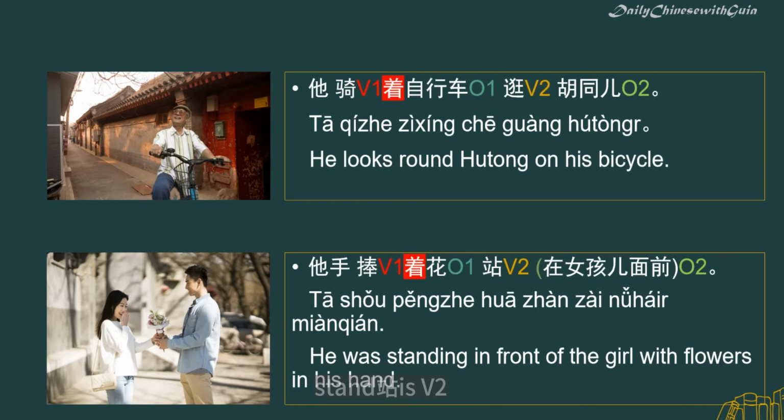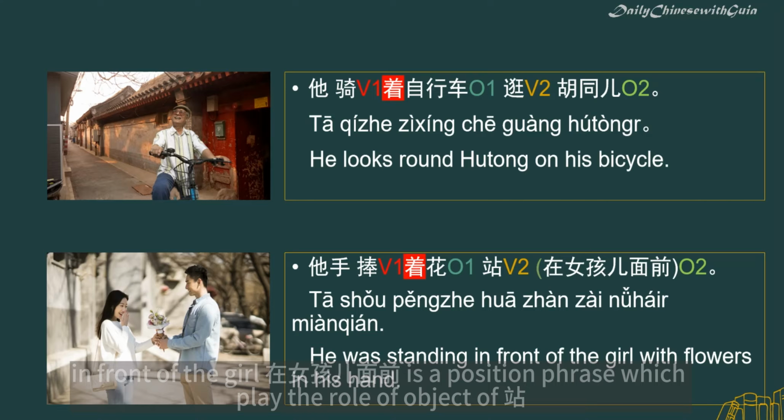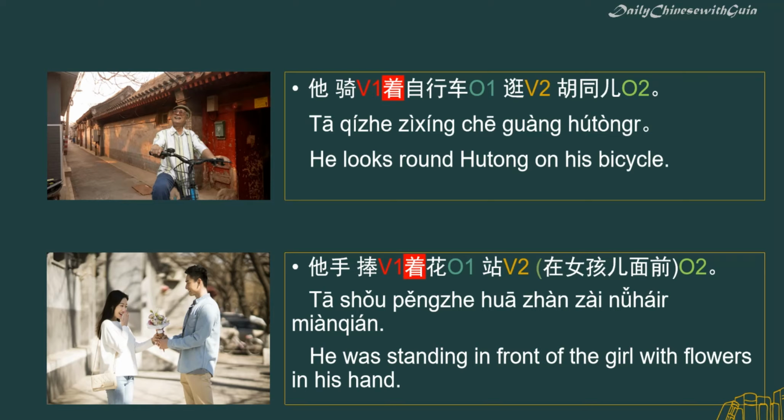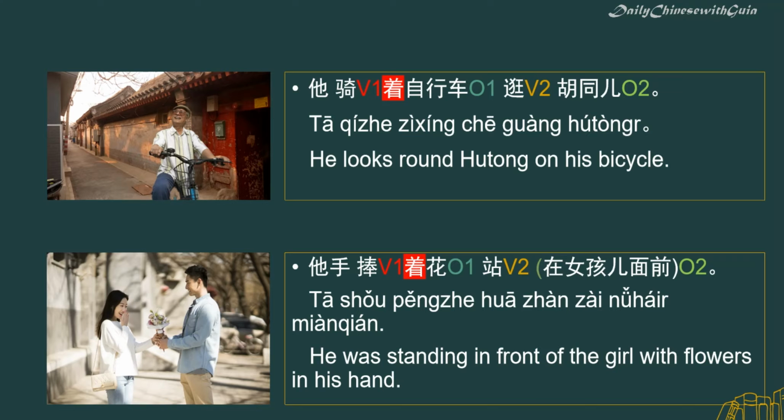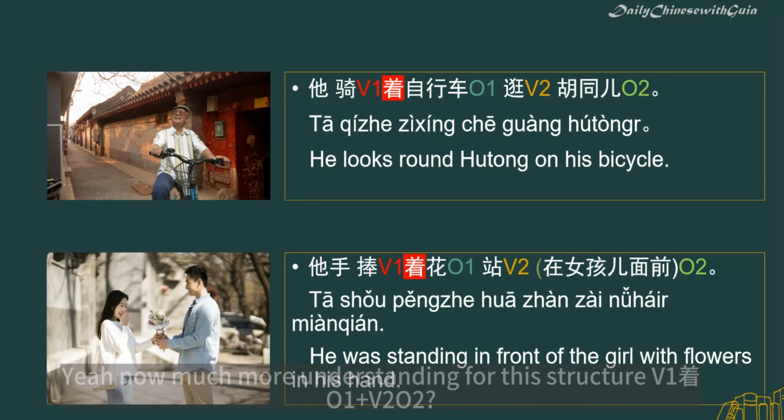Stand, 站 is verb 2, in front of the girl, 在女孩面前 is a position phrase which plays the role of the object of 站, okay? So the completed sentence we can say 他手捧着花站在女孩面前. Okay? Now much more understanding of this structure. V1 O1 plus V2 O2.